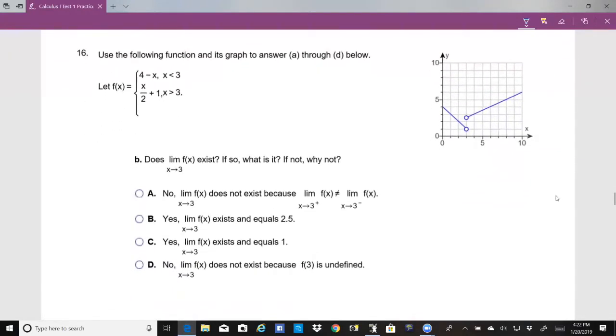Now, the next part of the question. Does the limit of f of x as x approaches 3 exist? And the answer is no, because the limit from the left and the right are not equal.